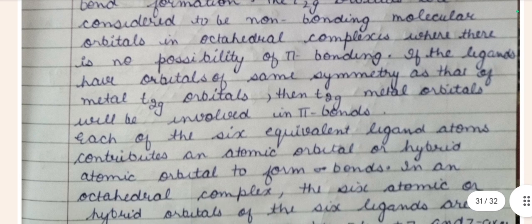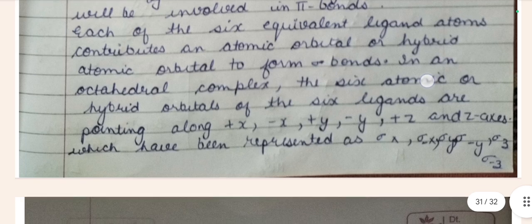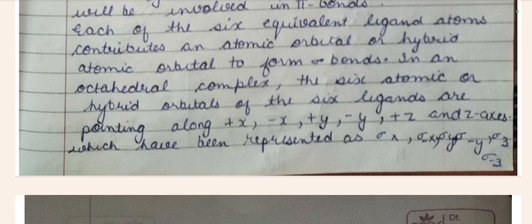Each of the six equivalent ligand atoms contributes an atomic orbital or hybrid atomic orbital to form a sigma bond. In octahedral complexes, the six atomic or hybrid orbitals of the six ligands are pointing along the plus x, minus x, plus y, minus y, plus z and minus z axes, which are represented by sigma x, sigma minus x, sigma y, sigma minus y, sigma z, sigma minus z.